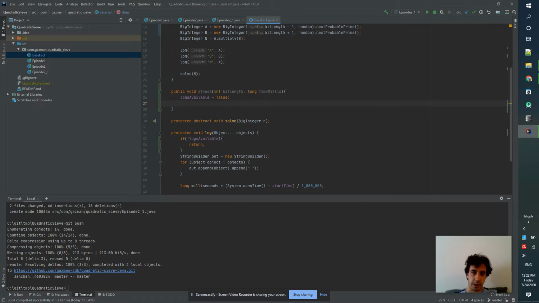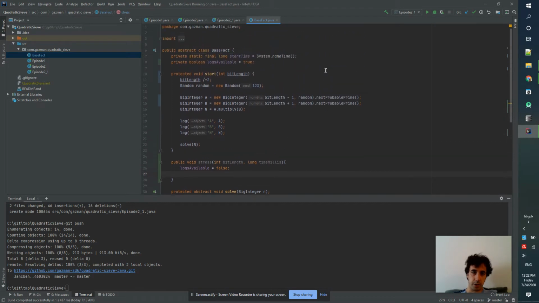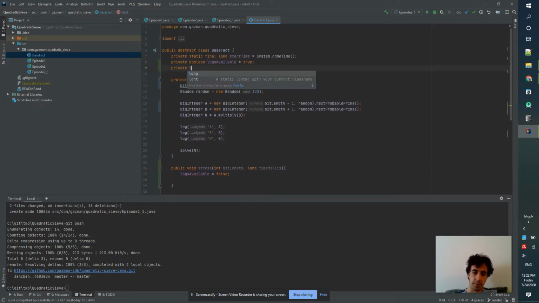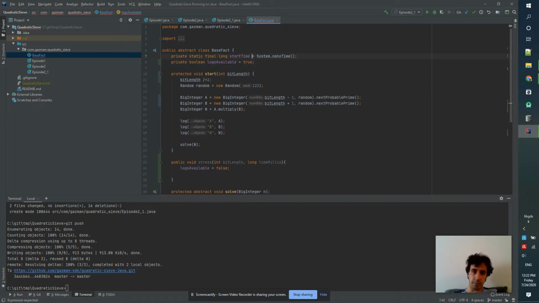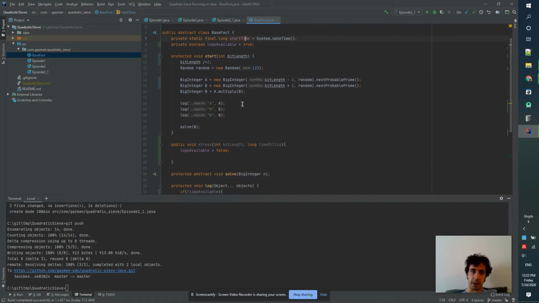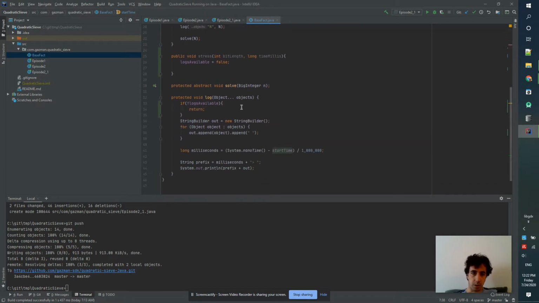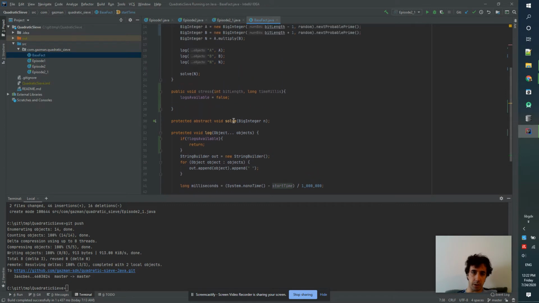And now let's run the stress. So during the stress, we are just going to call the start method. Let's record the starting time. Oh, we already have a start time, which is system nanoseconds. Cool. We're using it for logging, so let's reuse it.